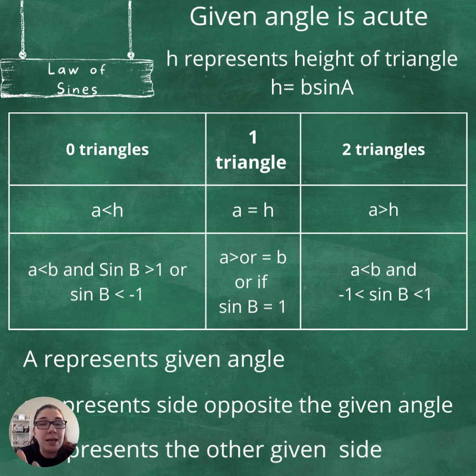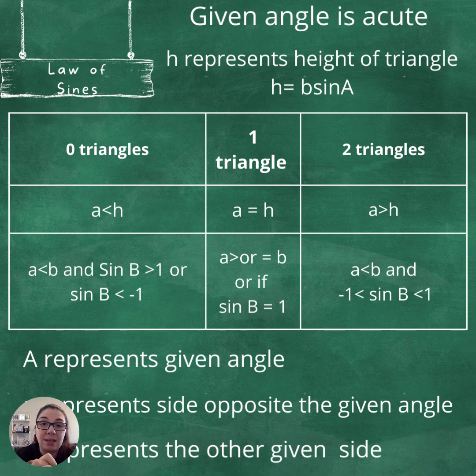Like I said, sometimes people forget that there's a relationship with a and h. If you're in the middle of a problem and you're like, oh no, I don't know what to do, then follow this. If you know that a is less than b, and when you're solving for the sine of B, you find out that its value is greater than 1 or less than -1, then there's no way that can form a triangle, because the sine has to be between -1 and +1.